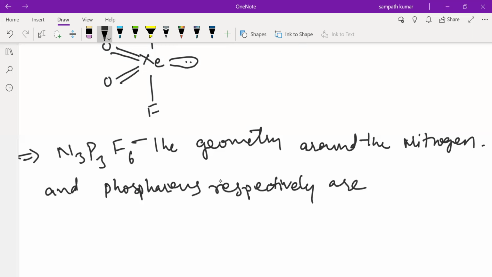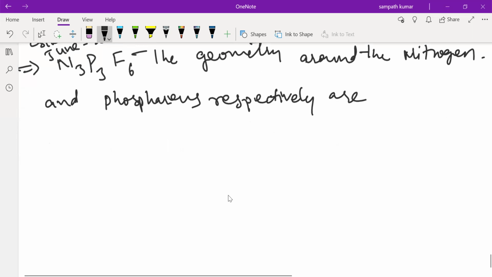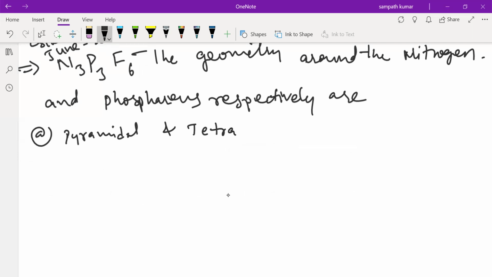This question is June 2019 CSIR. Option A, pyramidal and tetrahedral. B, planar and tetrahedral.